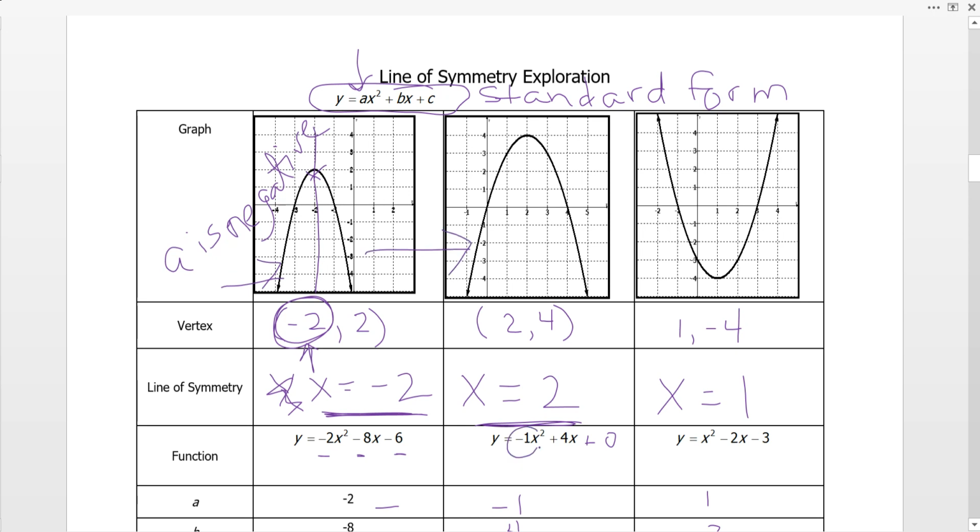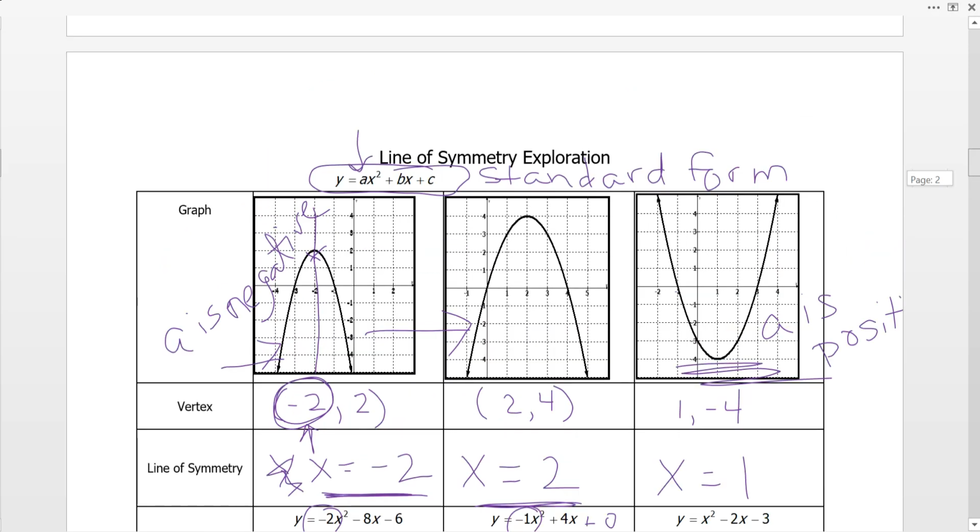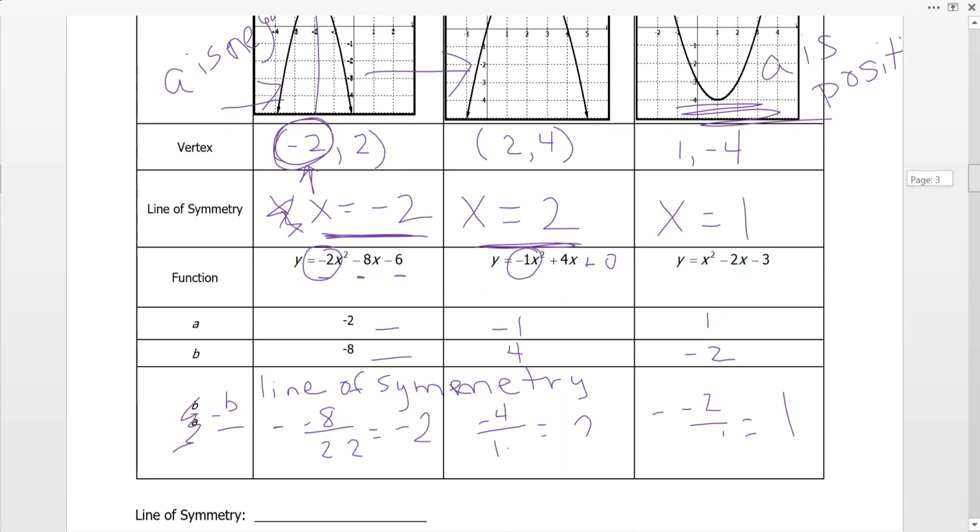Okay, notice a is negative. If a is positive, and I just wrote it off the page, then it's going to open upwards. So this is the normal way you see it, opening upwards. From our parent function, we know that.